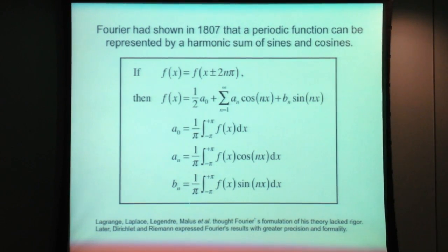And the higher orders, a sub n and b sub n, are similar, integrating from minus pi to plus pi the function multiplied by cosine nx, where n is indexing the terms in this series, or the function multiplied by sine nx, and each of these scaled by a factor 1 over pi.